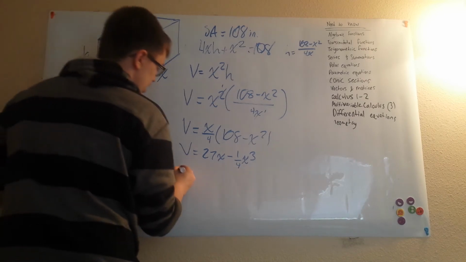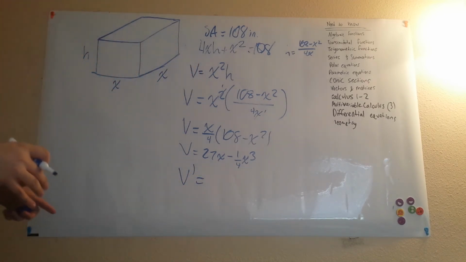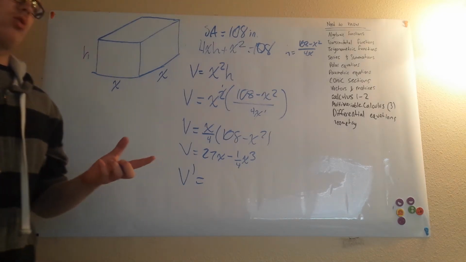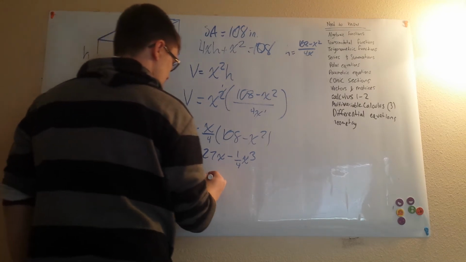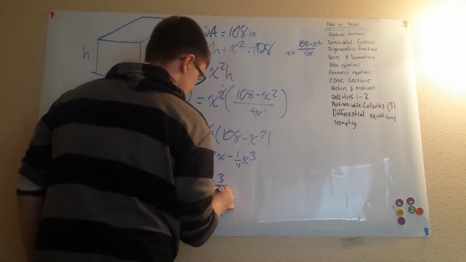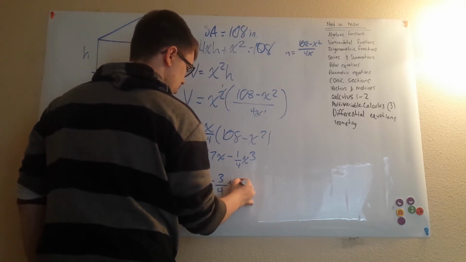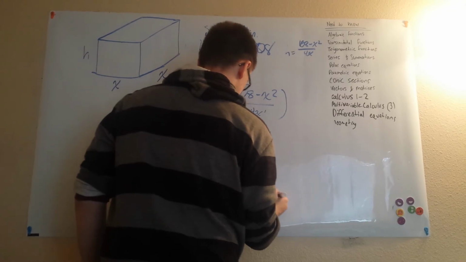We want to take the derivative because we want to see if it changes. We want to set it equal to 0 so we can see what the maximum volume is. The derivative would be negative 3/4 x squared, that's this part, plus 27.